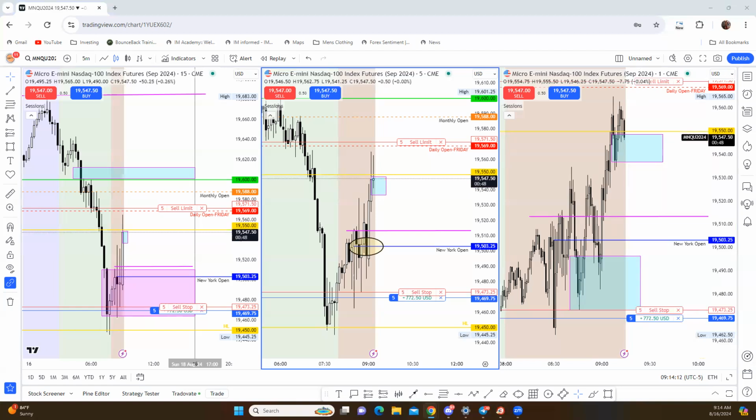They're making it difficult though, aren't they? They're failing that level on ES. It's still looking strong on the 15 though.